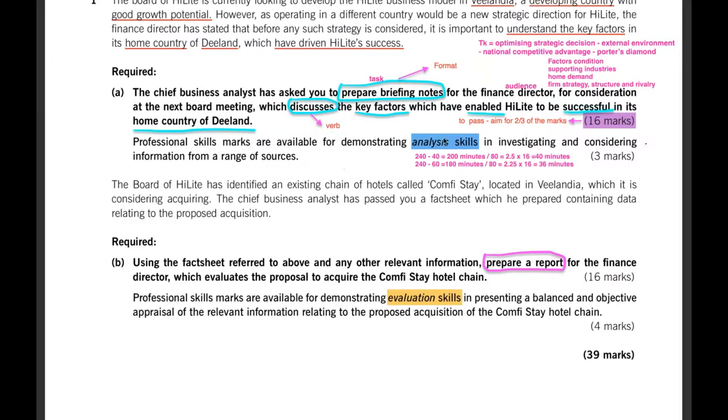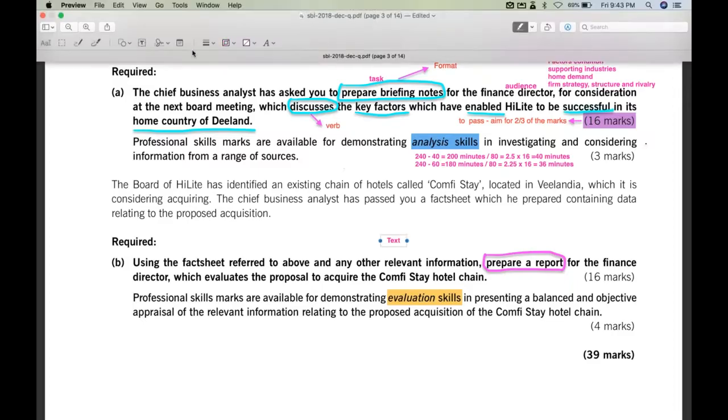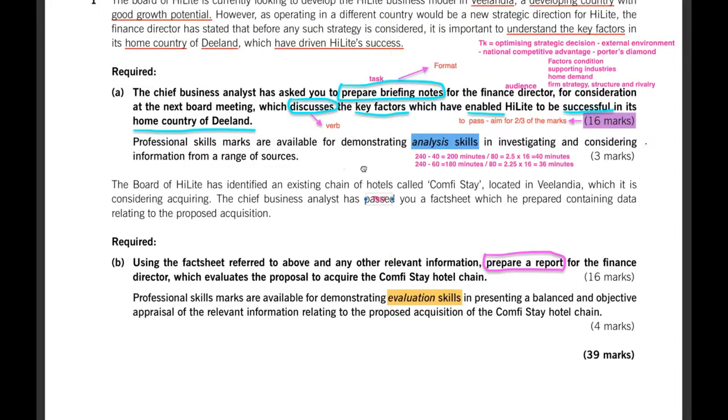And what else? You are tested on analysis skill. The verb was discussed, but the skill that you are supposed to be demonstrating is actually analysis skill. So in your analysis skill, what kind of skills are you supposed to be demonstrating? Analysis requires you to investigate, requires you to inquire, and requires you to consider.